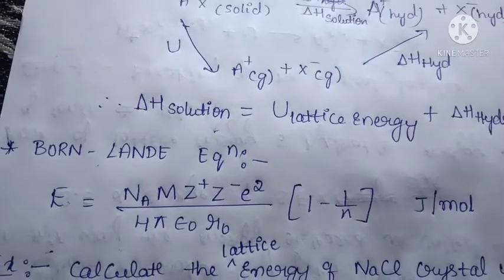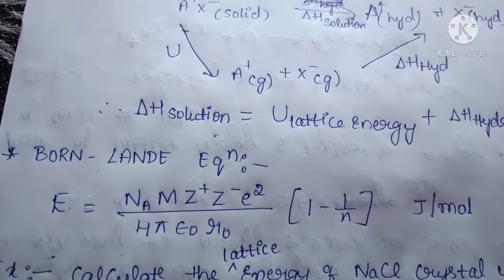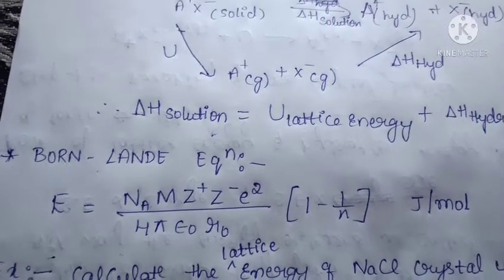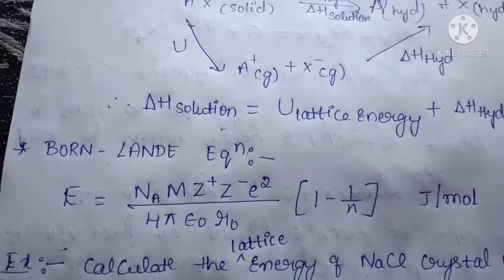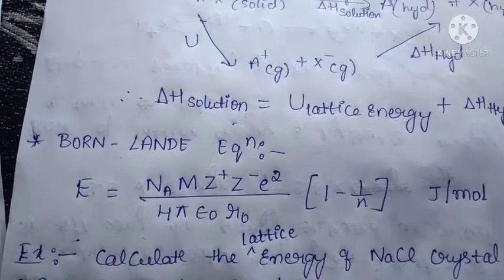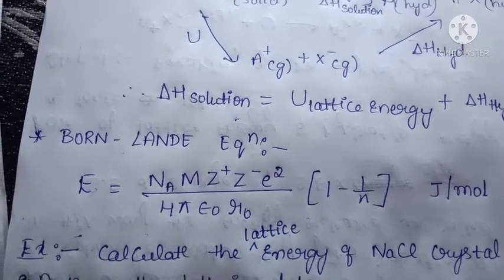Okay, next we move on to the Born-Lande equation. This equation is used to calculate the lattice energy of a crystalline ionic compound.